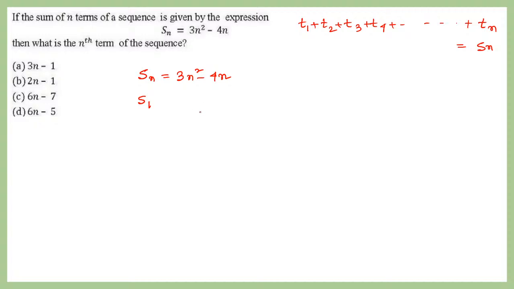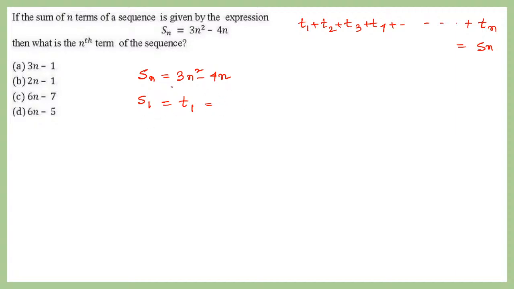What does this mean? This means S1 is directly equal to T1, the first number of the sequence, right? Now we don't know T1, right? But we know S1. How?